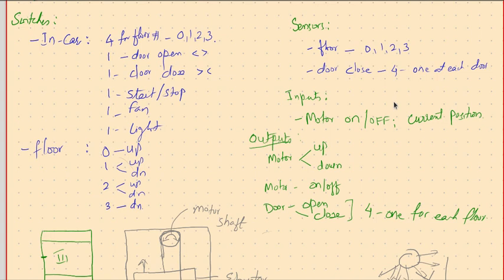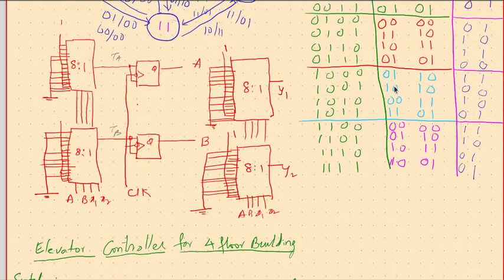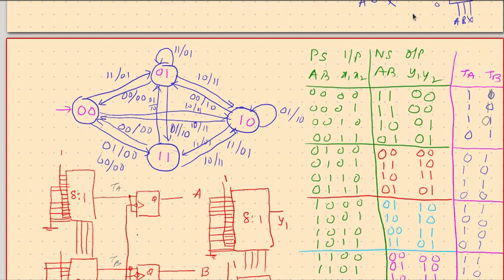That's what we call a variable entered mapping version, where whichever variable is going to make changes to your system, you write only this variable name on the transitions, instead of writing the combinations as we did earlier, like 00, 01, 10.